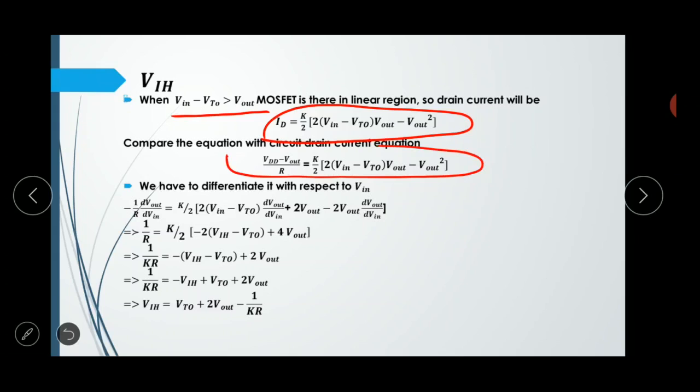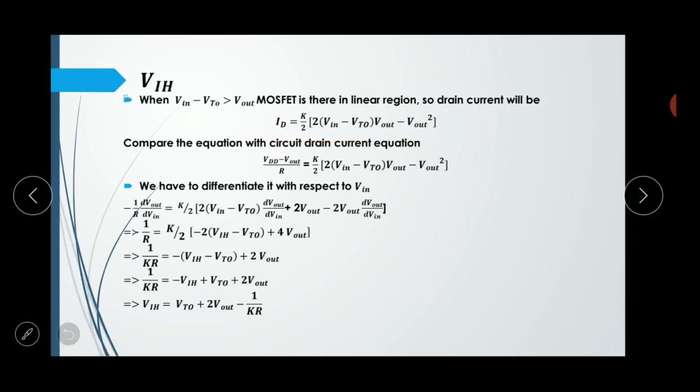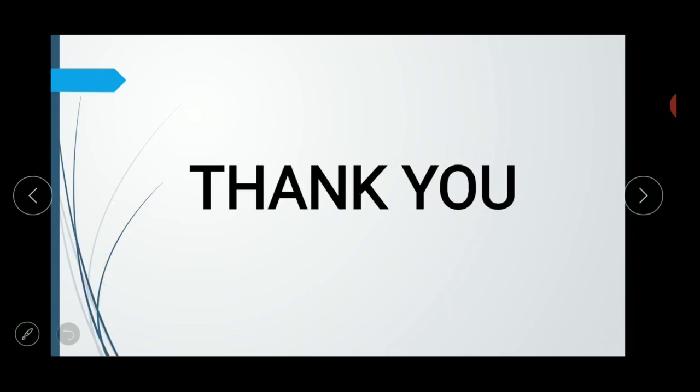Then we take the derivative of both sides, and after solving, at the end we get the equation for VIH, that is VIH equals Vt0 plus Vout minus 1 by KR. So this is all about the resistive load inverter. Thank you.